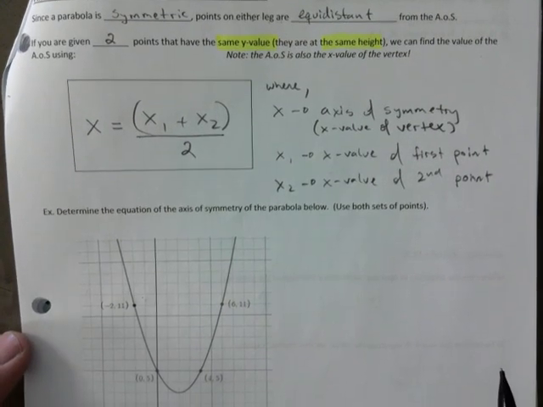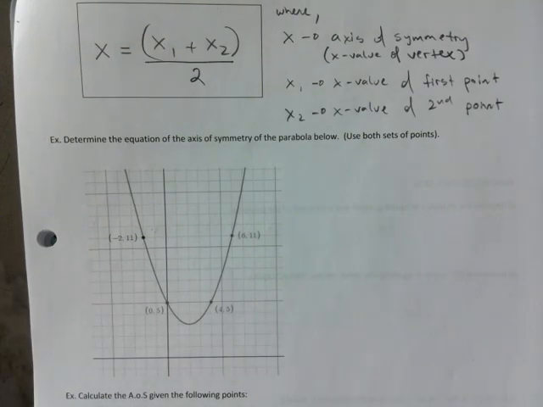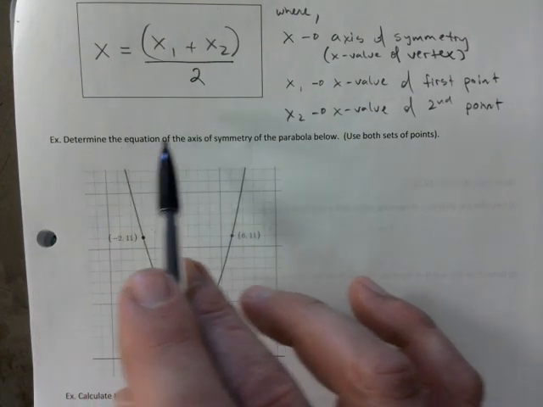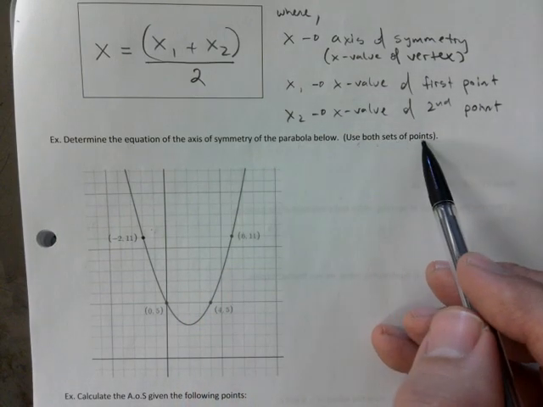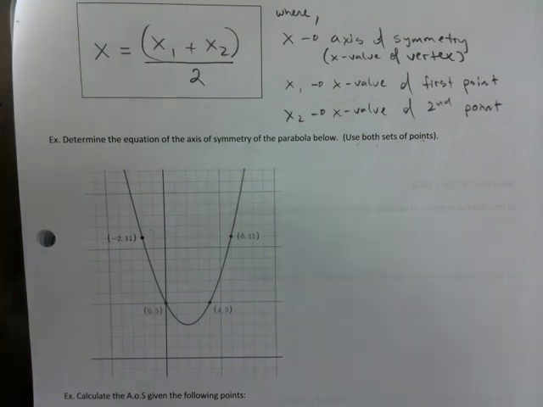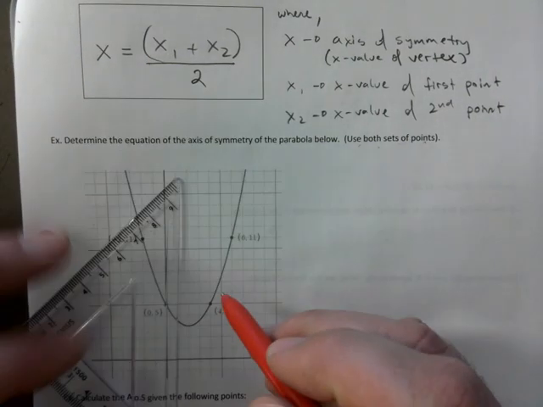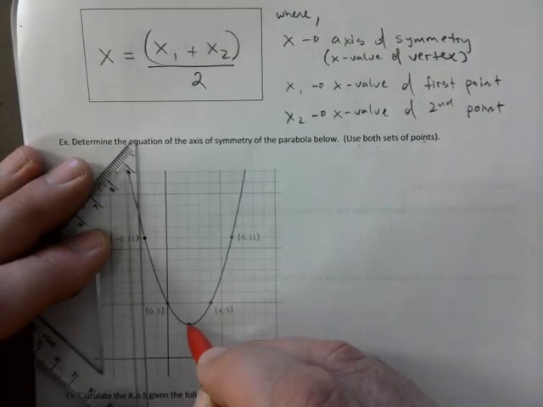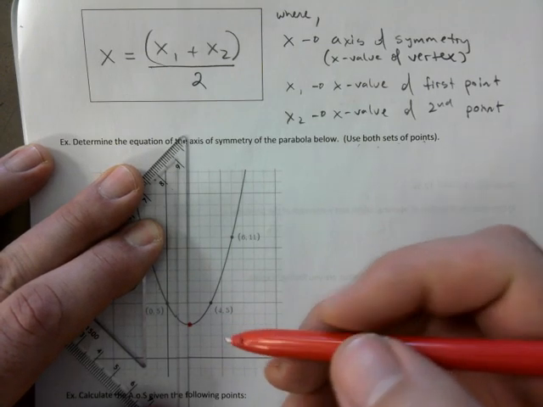So let's put it to the test. Let's give you a visual on this one. So I'll try to keep that on the screen. Here, let's say, determine the equation of the axis of symmetry of the parabola below. Use both sets of points. When you're looking at the axis of symmetry, in this particular case, we can actually tell already what it's going to be. We can see it, but let's go to the vertex, make a big dot right there, and draw our axis of symmetry.